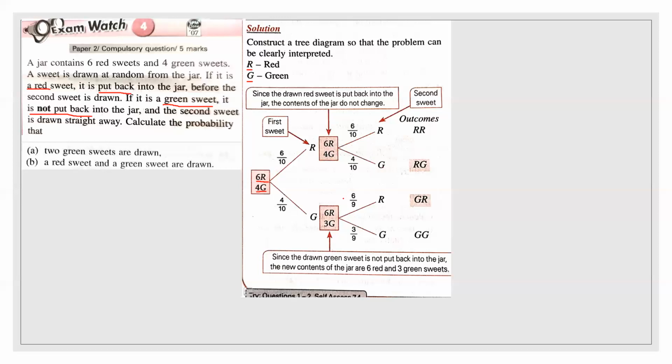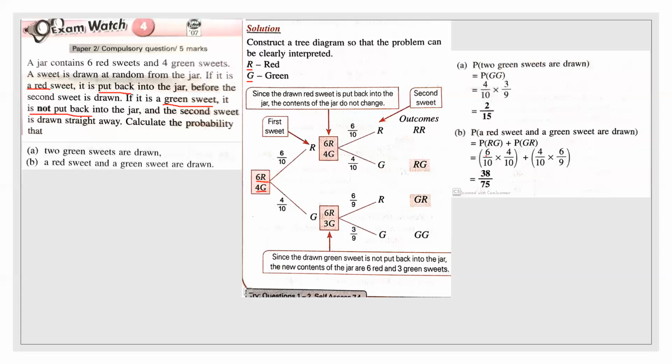Since the drawn green sweet is not put back into the jar, the new content is 6 red and 3 green sweets. So the total number of sweets in the jar will be 9, because 6 plus 3. If you take red, it will be 6 over 9. If you take green, it will be 3 over 9. So this is how you look at the outcomes and how you draw a tree diagram.